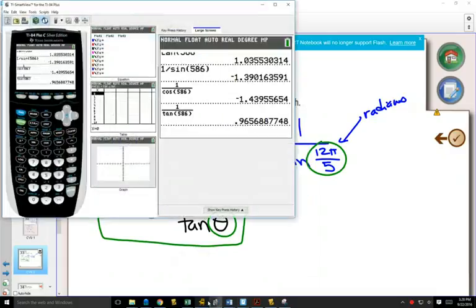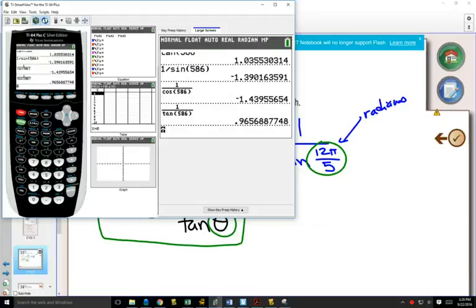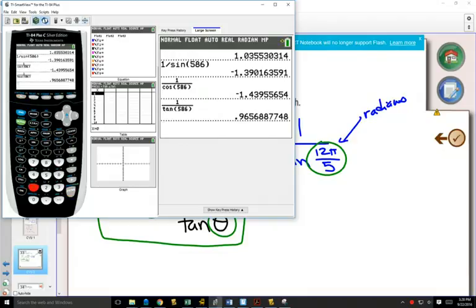Once you've changed from degrees into radians, we can now write fraction 1 divided by tan.